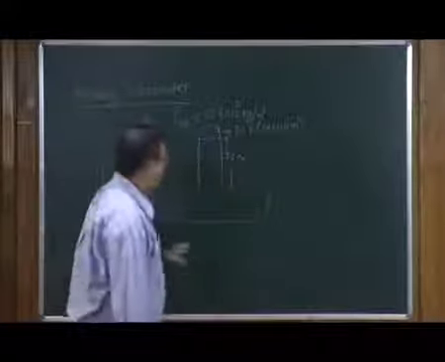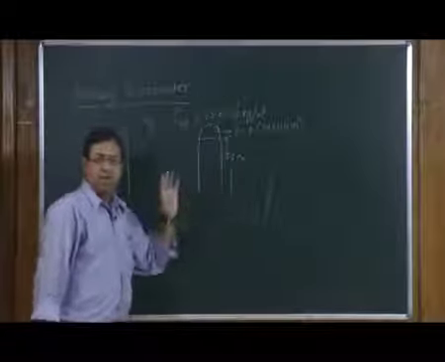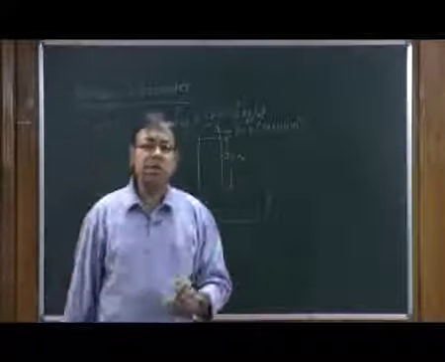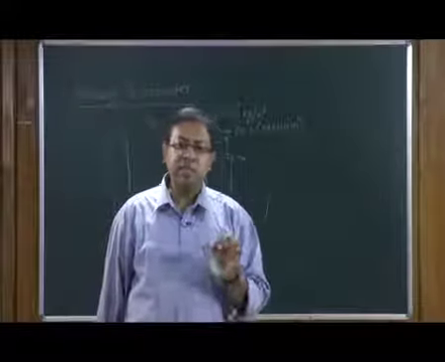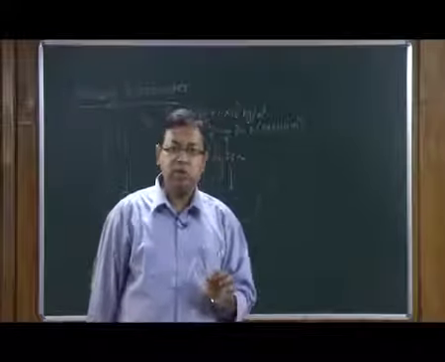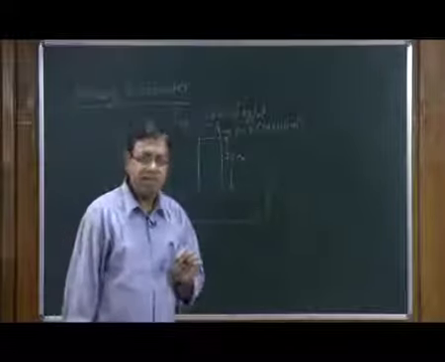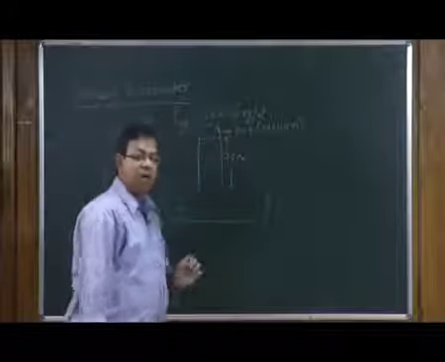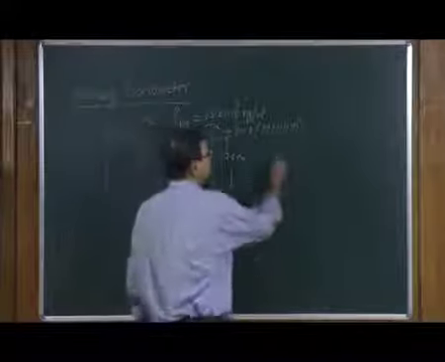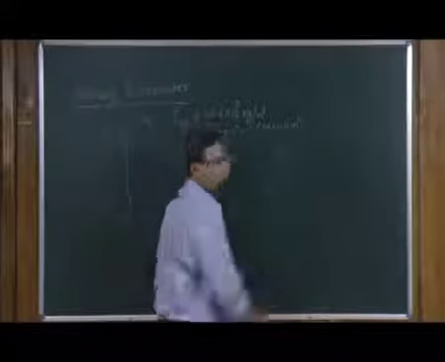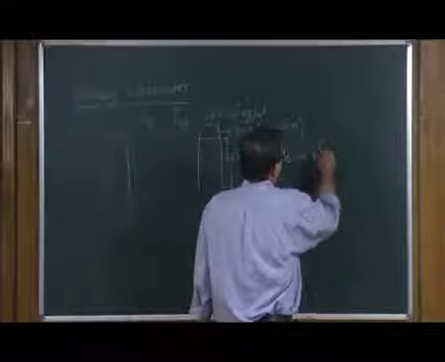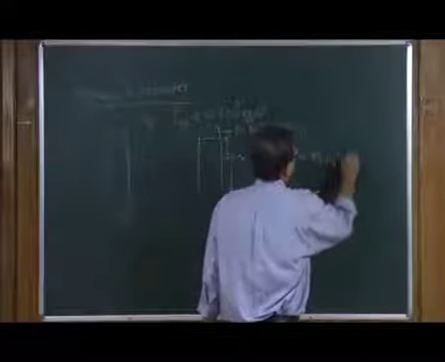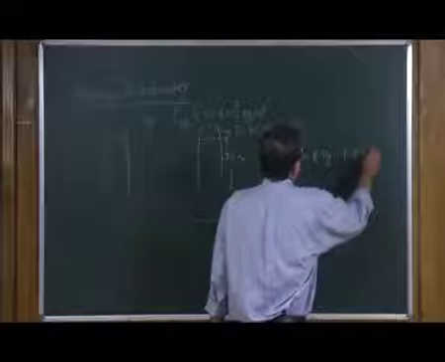So, I repeat once more, a 76 centimeter column of mercury exerts the same pressure as 1 atmospheric pressure. We only quote the height, so 76 centimeter of mercury equals 1 atmospheric pressure.